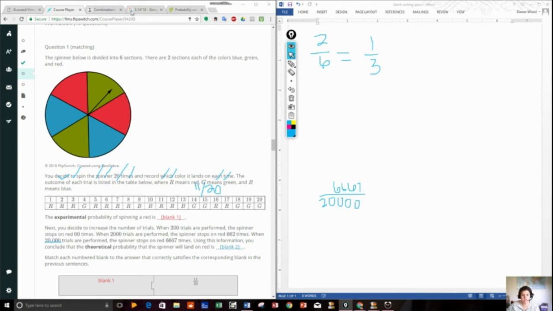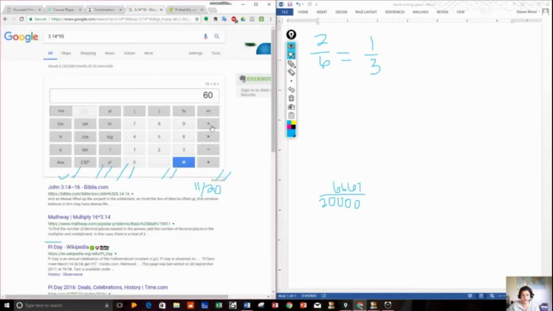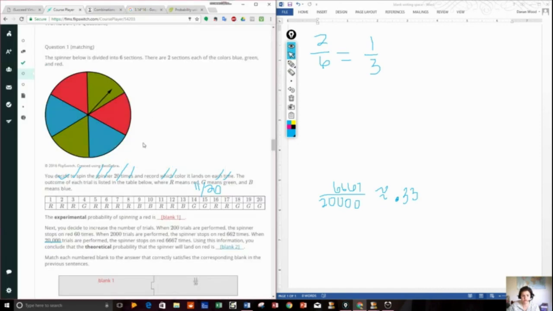Now I'm going to jump to my calculator and type in 6,667 divided by 20,000. That's going to equal 0.33. So it's approximately 0.33 or 33.3%.